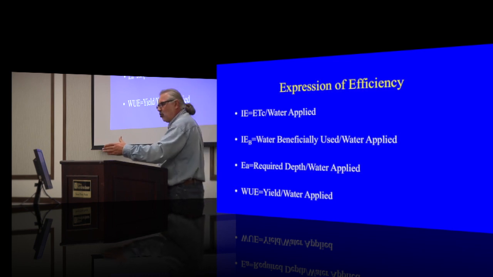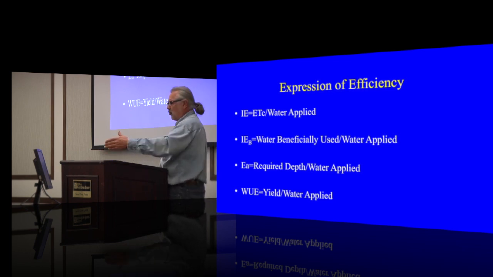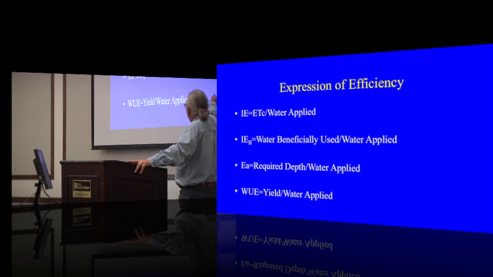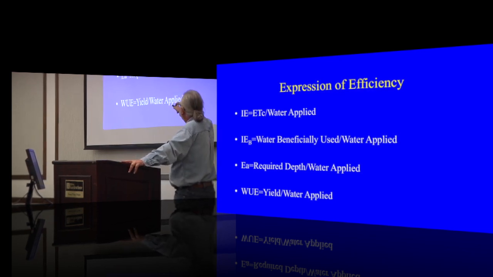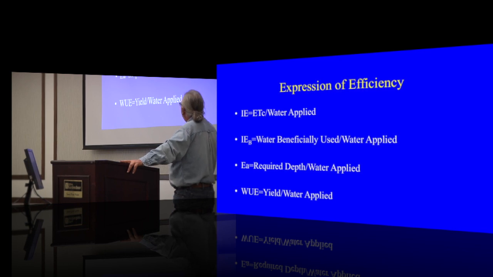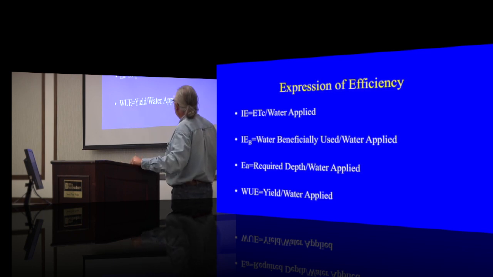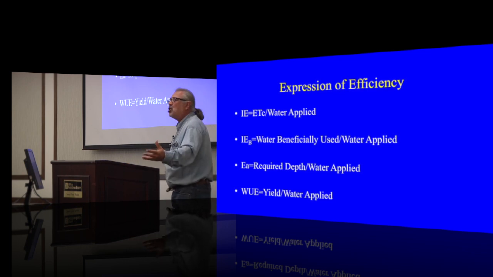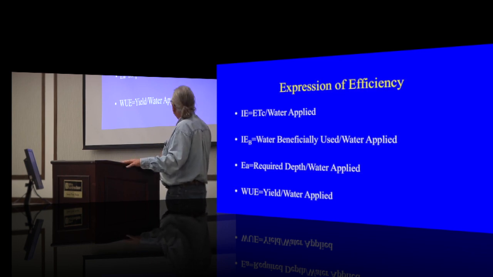That would be water used for the crop ET, water used for salt management, water used for tillage, relative to water applied. Application efficiency is the required depth divided by water applied, which is essentially equal to this within a single irrigation event. And then there's finally water use efficiency, which is production relative to water applied.